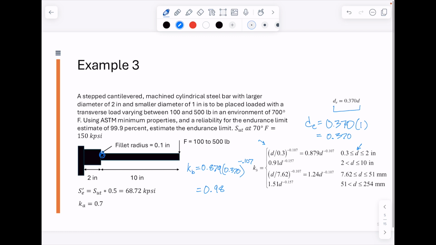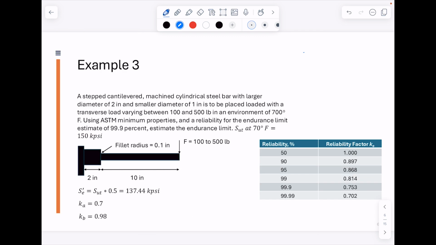So we have our Ka and we have our Kb. We know that our Kc, which is the load factor, will just be equal to 1 because we are in bending. Our Kd is going to be equal to 1 because we already took care of the temperature effect when we did our new ultimate strength, and now we need to figure out what Ke is, which is our reliability factor.